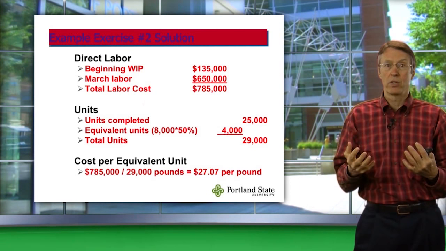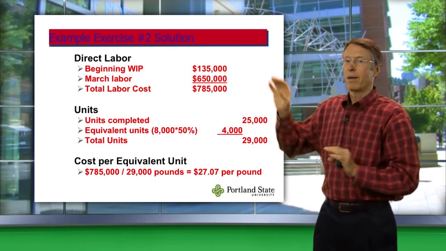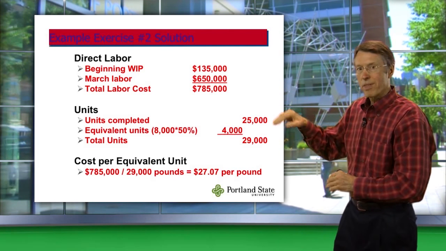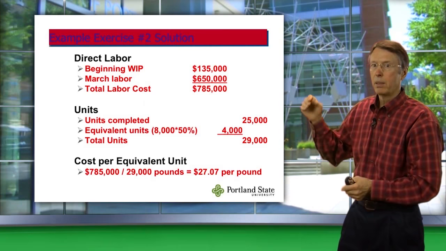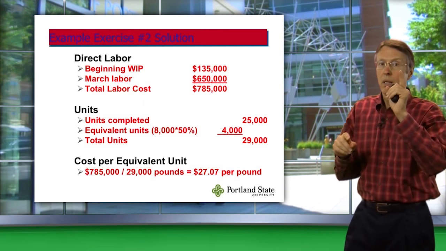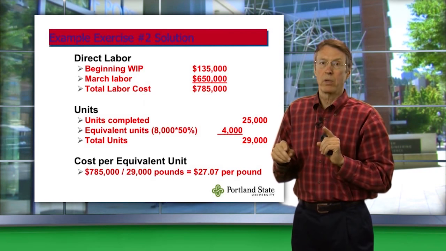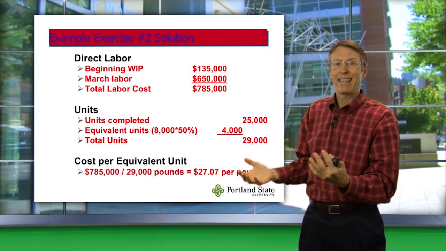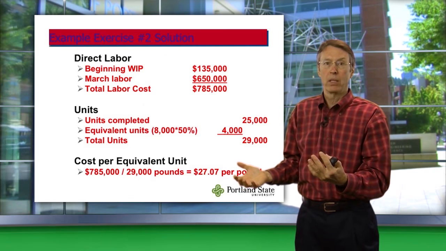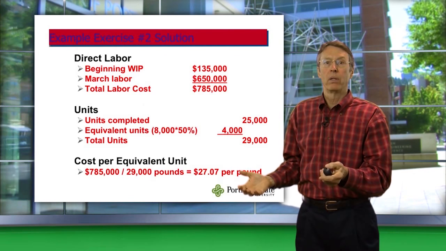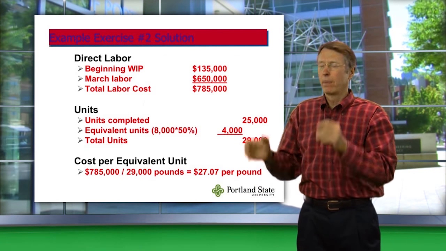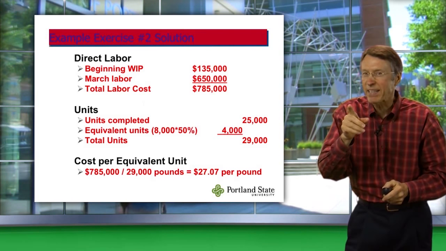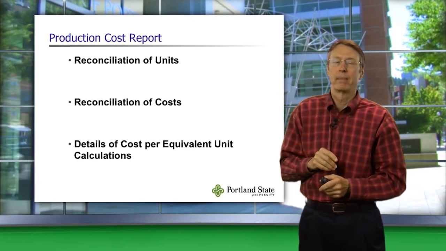So the total units completed are 25,000 completely completed plus 4,000 sort of completed, which gives us 29,000. So the labor cost per equivalent unit is the $785,000 divided by the 29,000 equivalent units, or $27.07 per pound. Got to think about it a little bit. I'm introducing the concept. We'll come back to it in some cases, I promise you.